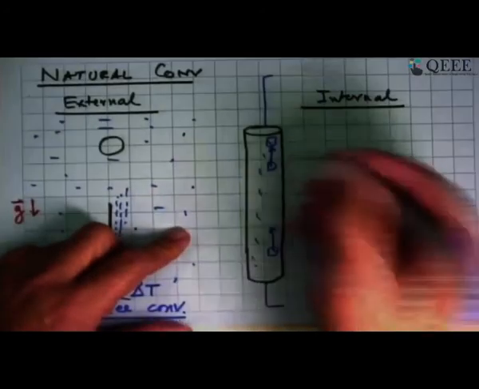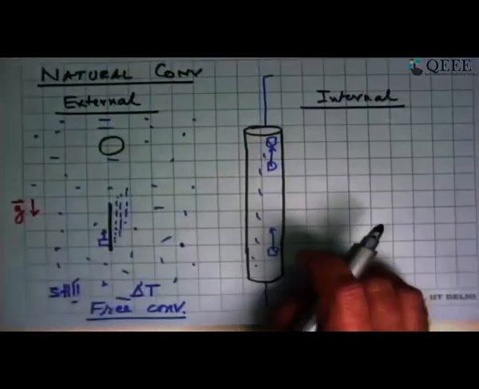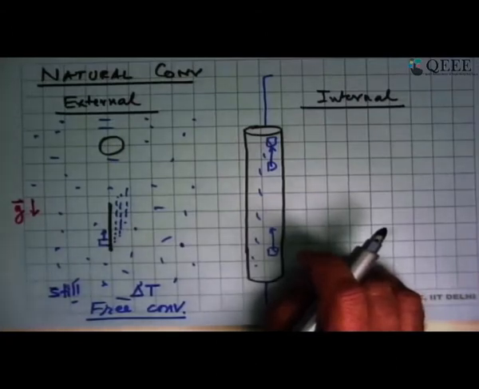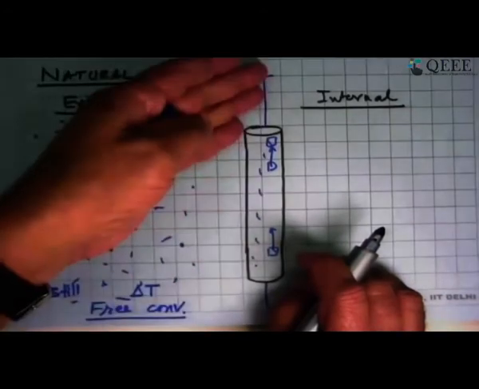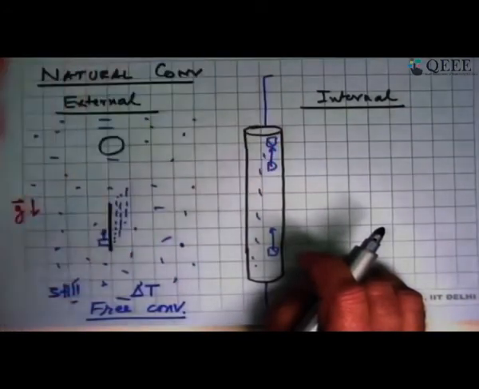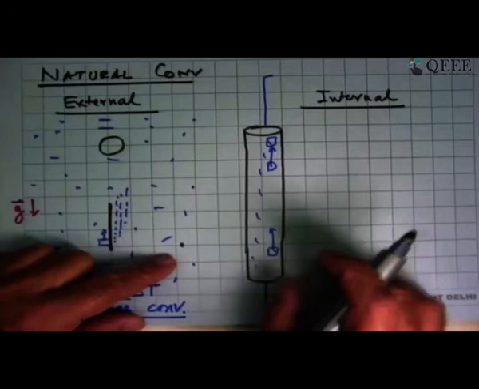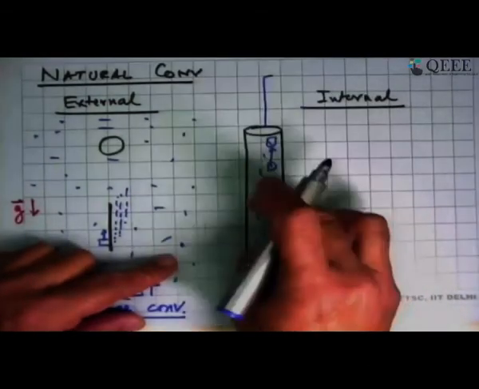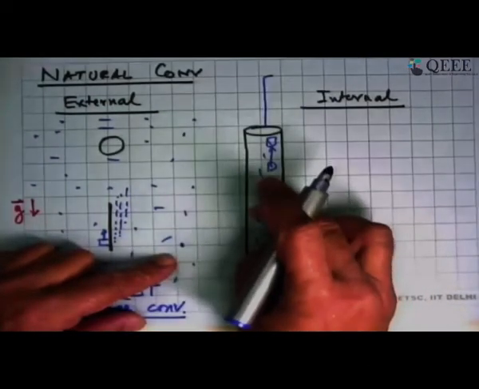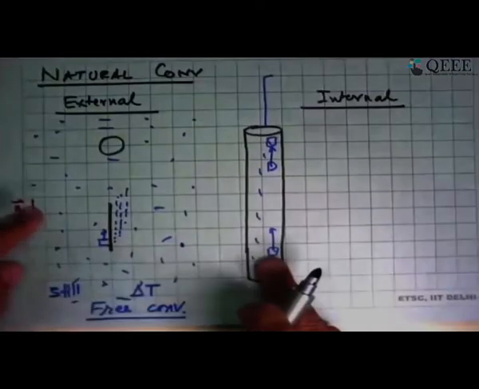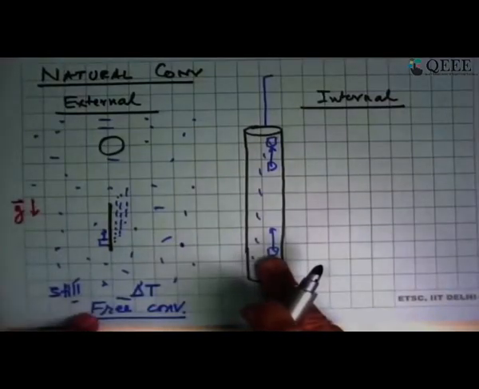You also encounter the same thing in many types of boilers and power plants where you have a long tube which is heated on the outside by gases or by a flame, and we just allow water to rise through it as it gets hot, and in some cases also we maybe allow it to boil as it goes out of this. But this is an example where the flow is established by temperature gradients, just like what we saw in external flows free convection.